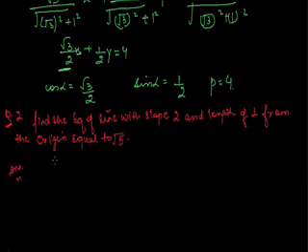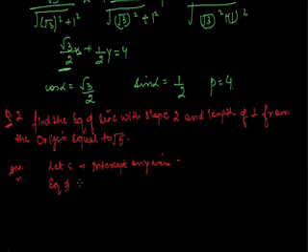Now let c be the intercept on the y-axis. So the equation of the line becomes y is equal to 2x plus c. Now, I can say that minus 2x plus y is equal to c.